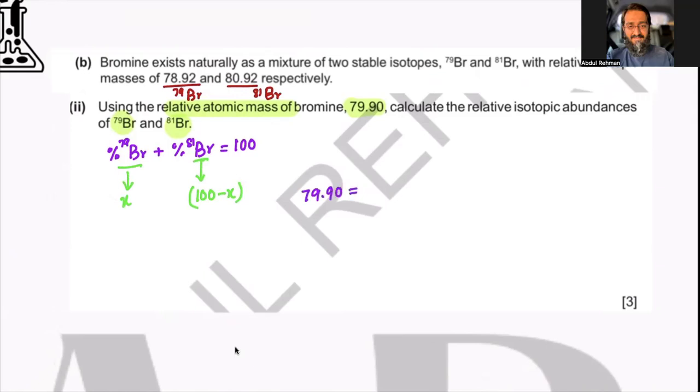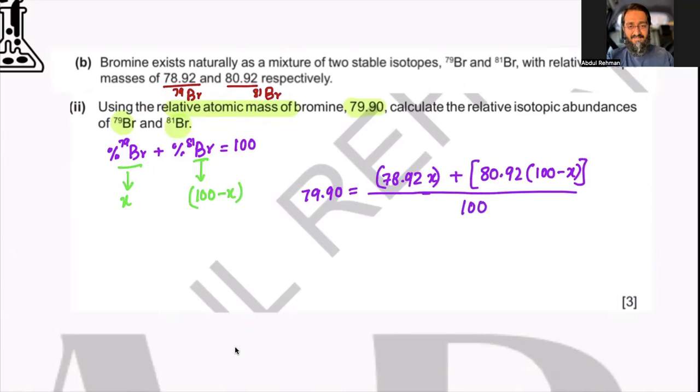So 79.9 is equal to bromine 79 has the mass of 78.92 and its abundance is X, so I just multiplied them. And bromine 81 has the mass of 80.92 and its abundance is 100 minus X. And I'm going to divide it by 100. So that is the initial expression we made.